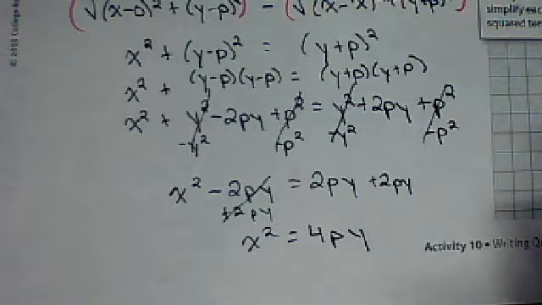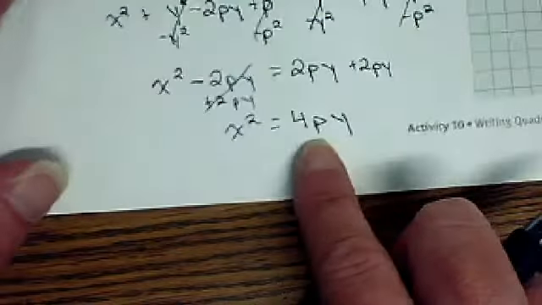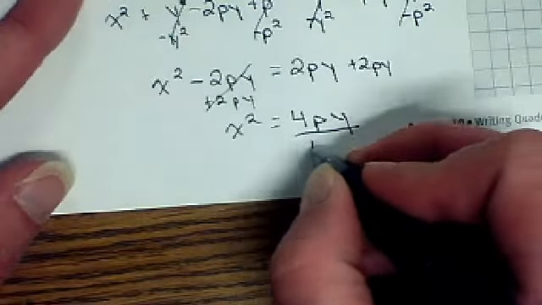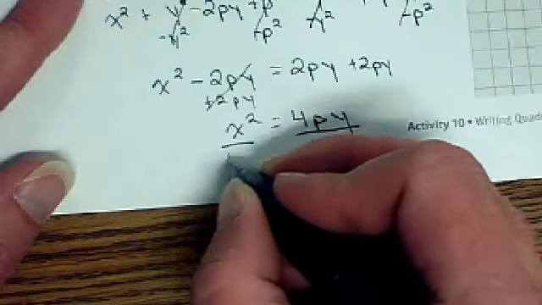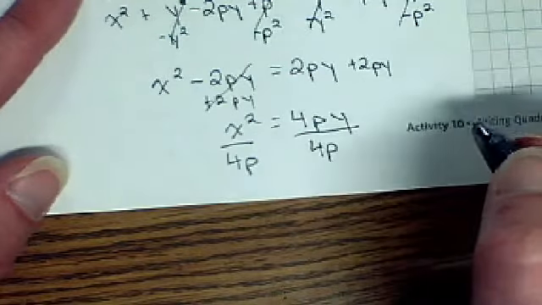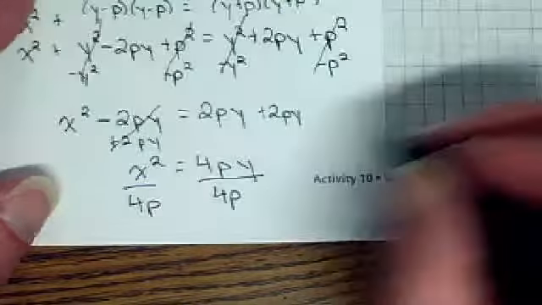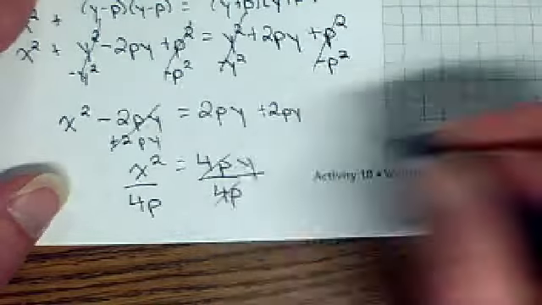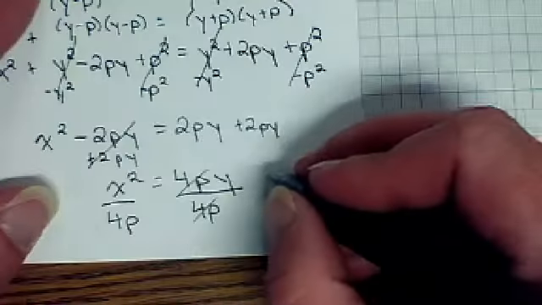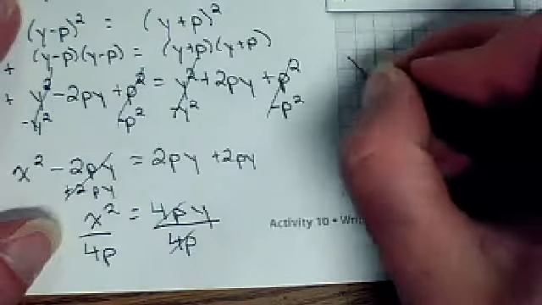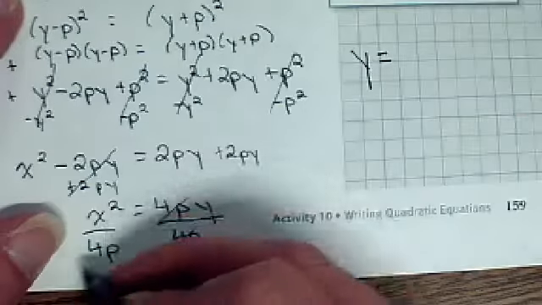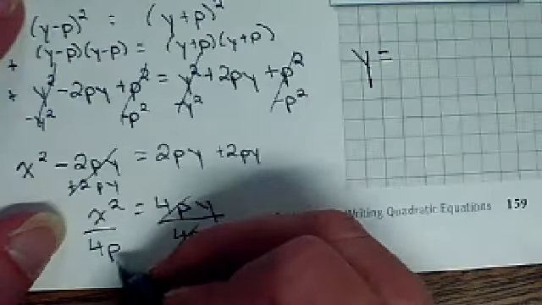y is almost by itself. But right now, it's being multiplied by 4p. So let's divide both sides by 4p. And let's rewrite it a second. Those would divide out. And now I have y. Let's rewrite it as y equals x squared over 4p.